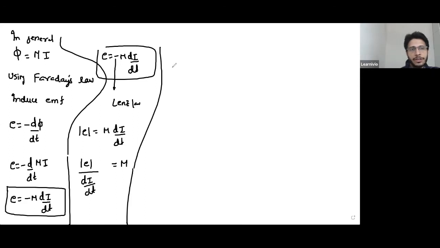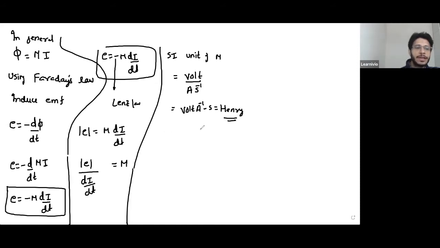The SI unit of EMF is volt, and dI over dt is ampere per second. So you can write this as volt per ampere-second, and this is Henry. So the SI unit of mutual induction is Henry.